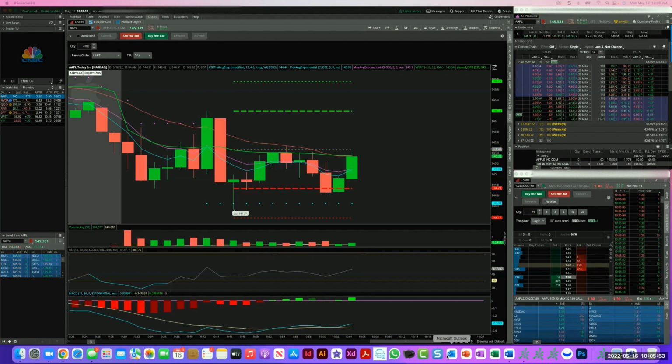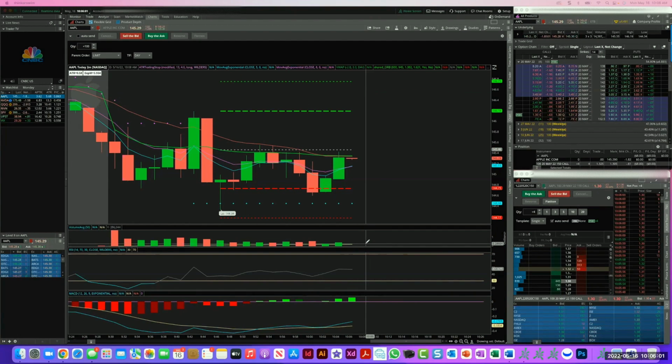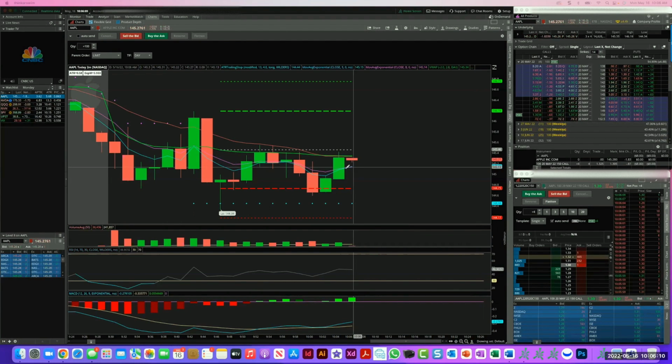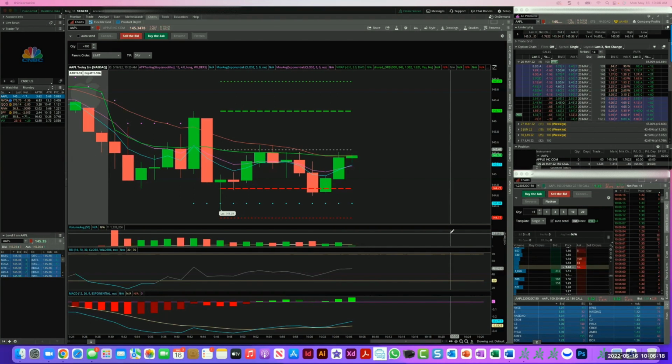The VWAP is still resistance at the moment, but looks like we're breaking through on volume. Not quite. So we do have support on the 5-day and the 8-day EMA. There's resistance at the VWAP and the 20. Looks like we're going to clear that.